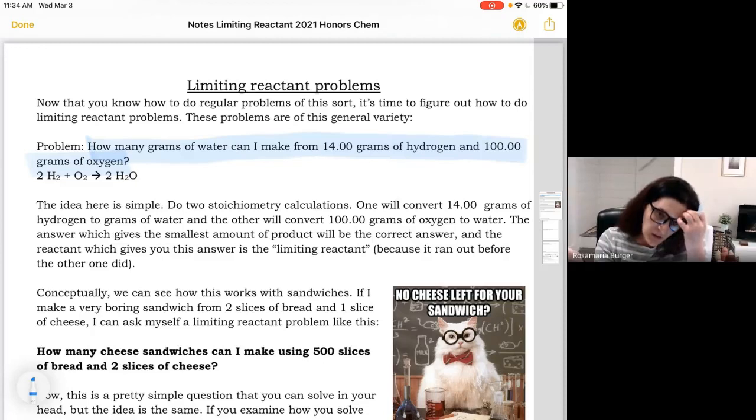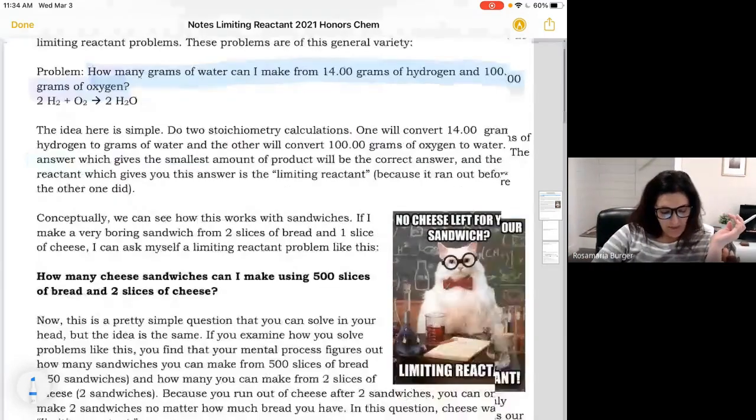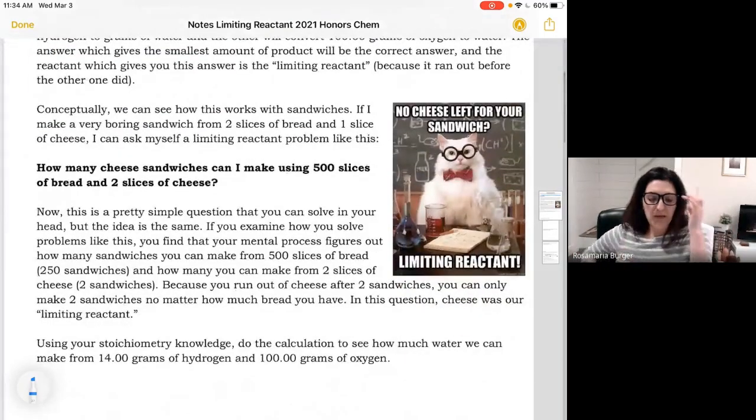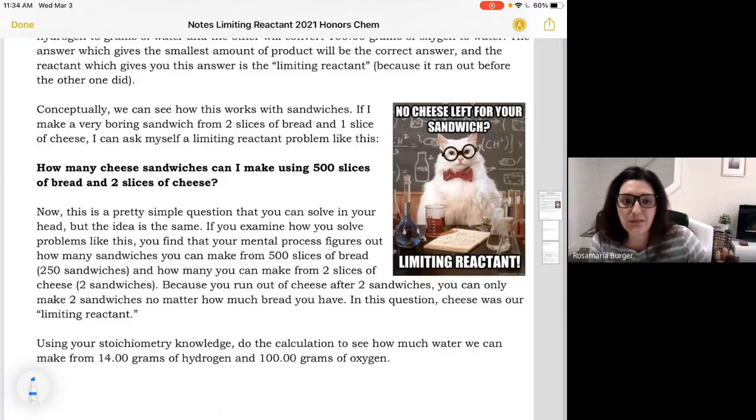We can see how this works with sandwiches. If I make a very boring sandwich from 2 slices of bread and 1 slice of cheese, I can ask myself a limiting reactant problem like this: how many cheese sandwiches can I make using 500 slices of bread and 2 slices of cheese? It's pretty simple and you can probably figure it out in your head. That's a lot of bread, and we're feeding a lot of ducks at the park afterwards.